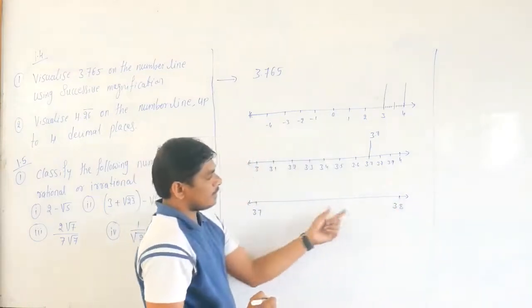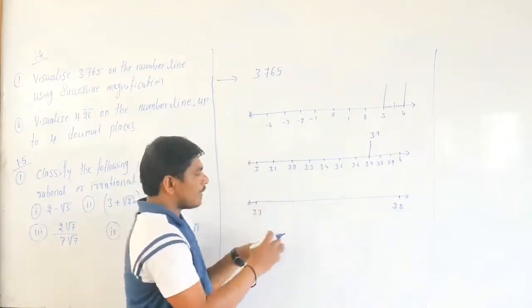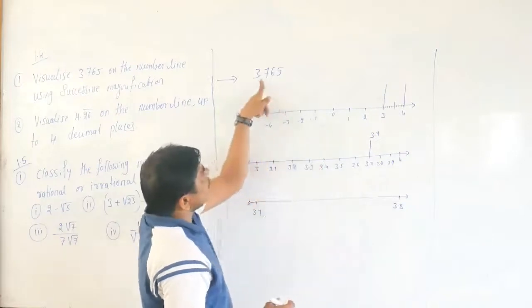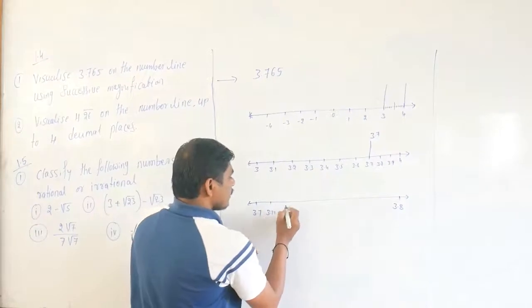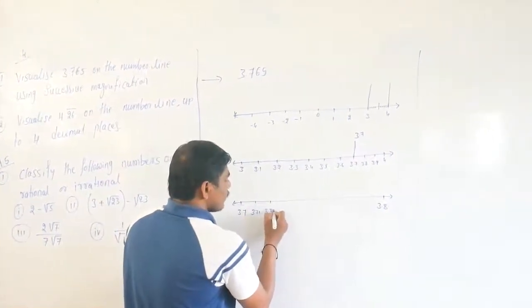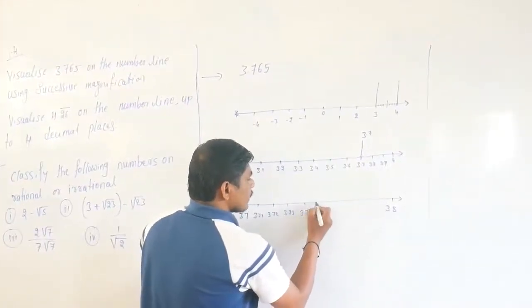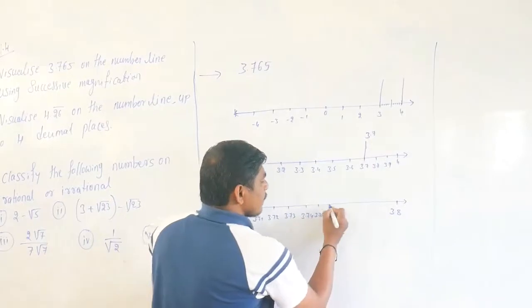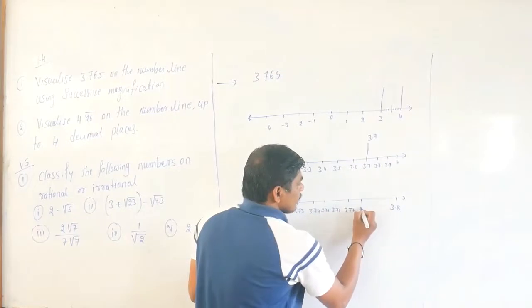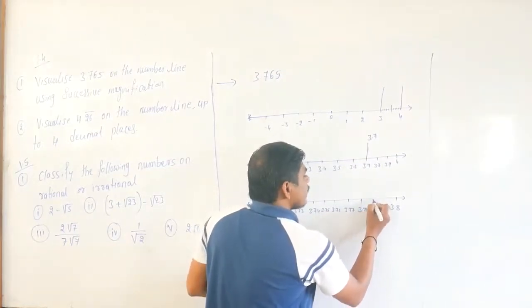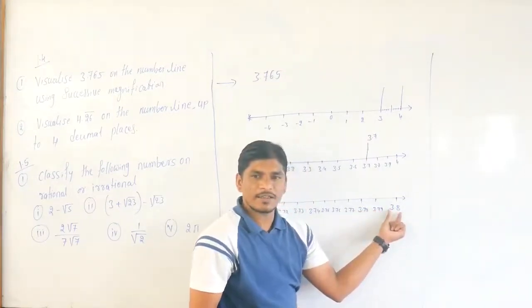Between 3.7 and 3.8 again you mark 10 divisions: 3.71, 3.72, 3.73, 3.74, 3.75, 3.76, 3.77, 3.78, and 3.79. The next is 3.8.